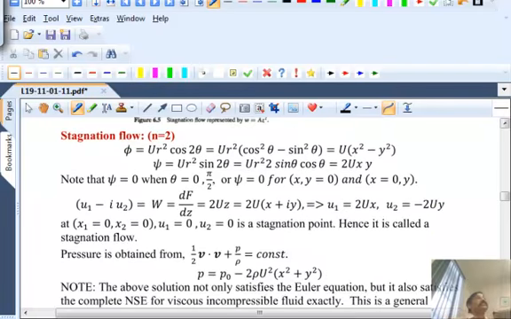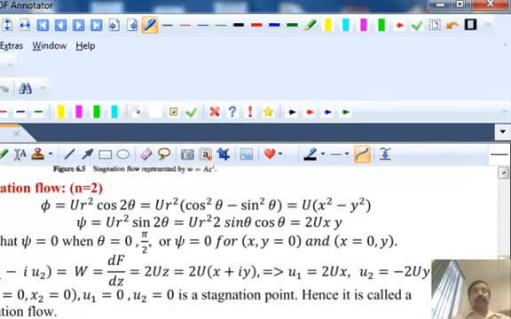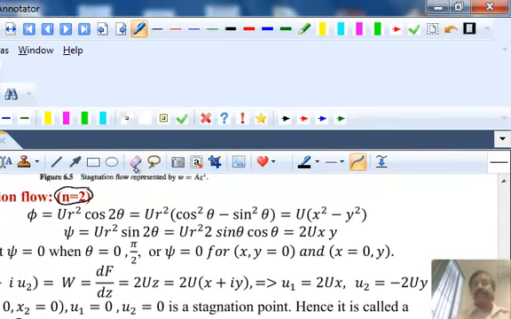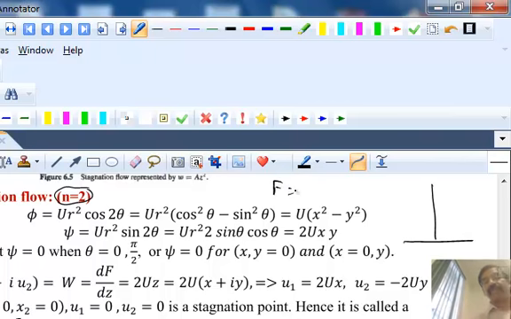Stagnation flow is a special case when n is equal to 2. That is the flow where you have a geometry like this. So in the function f equals u z to the power n, we put n equal to 2, so z squared. For that particular case, phi becomes u r squared cos 2 theta, which you can also translate into the Cartesian frame as u times (x squared minus y squared).